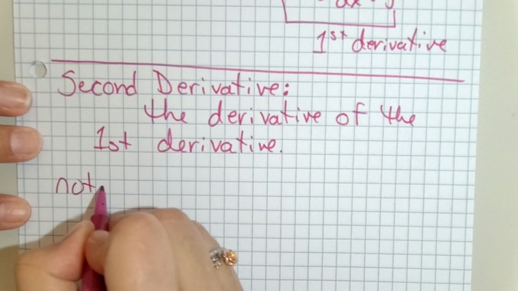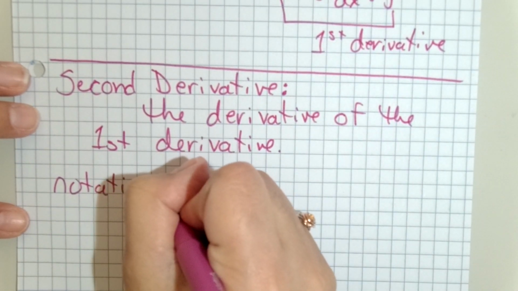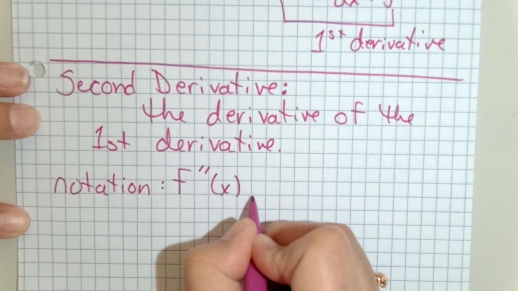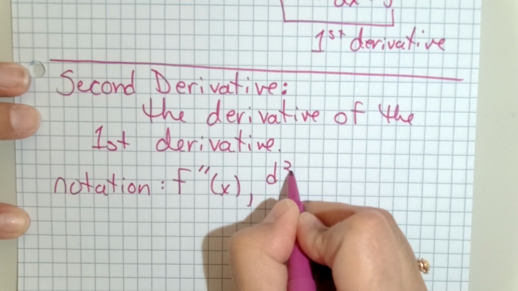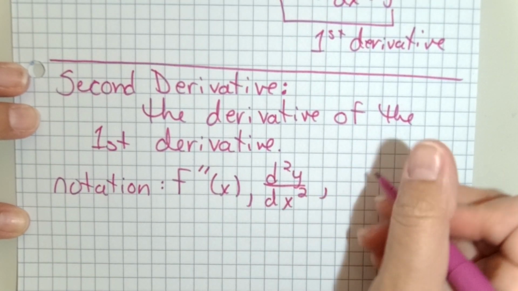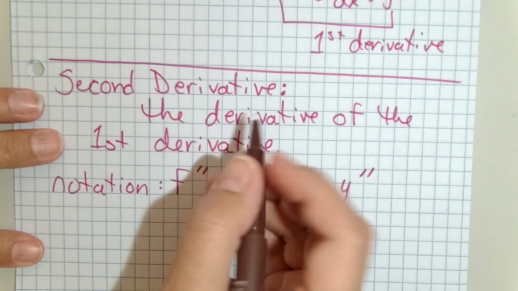The notation. We have multiple notations. We can have f double prime of x, d squared y by dx squared, y double prime. So all of these are notations for the second derivative.